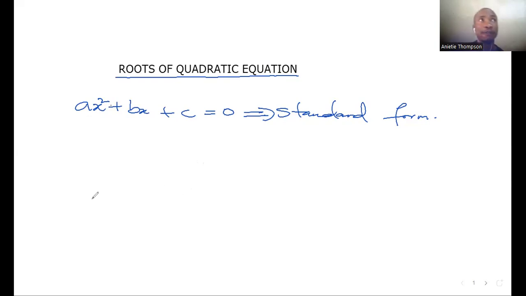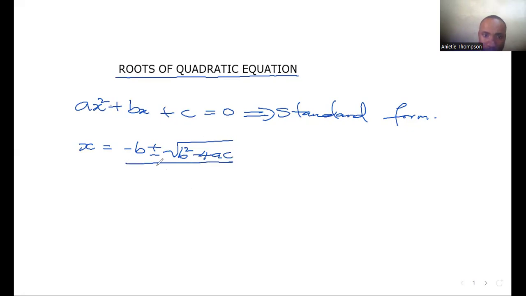For any form that you find a quadratic equation, the solution is always given by x equals minus b plus or minus square root of b squared minus 4ac, all over 2a. If you don't know this, you can check some of my content. I think I derived this, but if I did not, I'll create a content on that. So the solution of this equation is this.